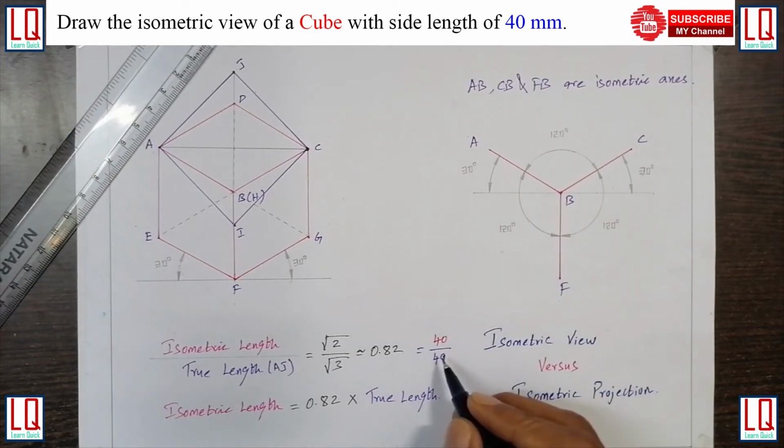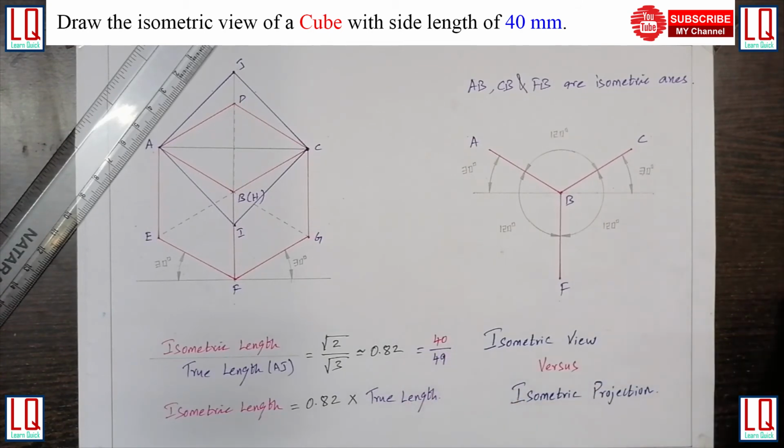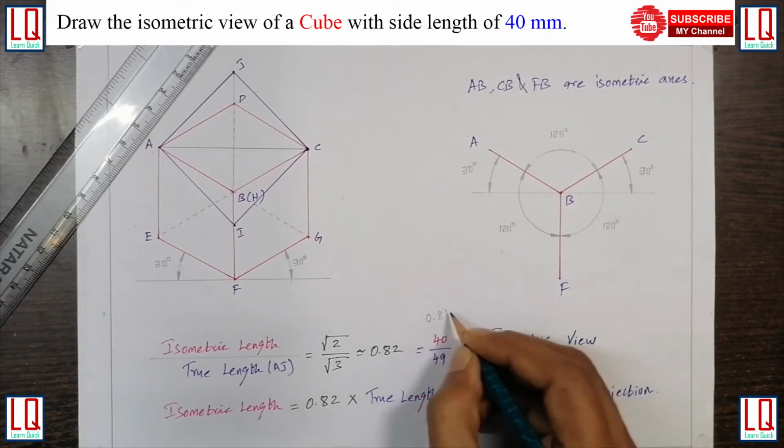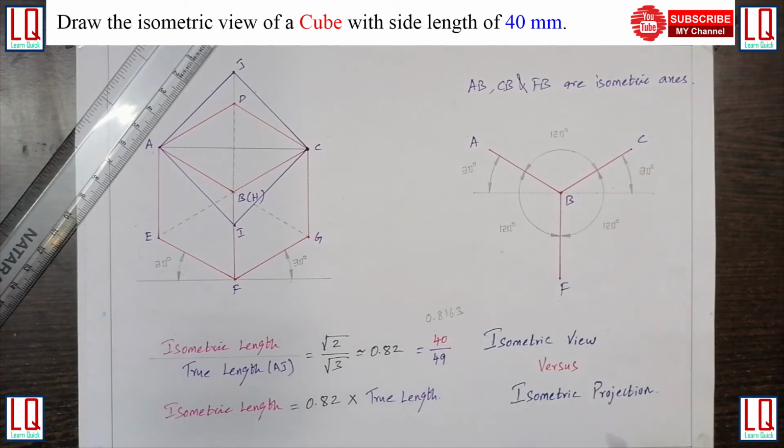If I divide these two values, I get approximately 0.8163. So approximately I take the ratio as 0.82. This stands universal for all isometric lengths.